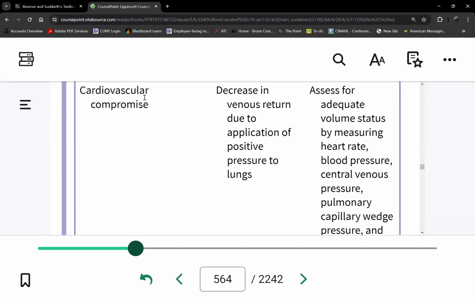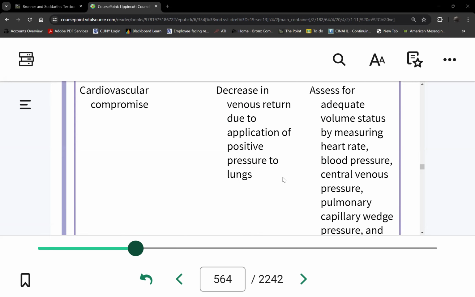So if the patient's intrathoracic pressure, will it rise or fall when we switch from negative pressure to positive pressure ventilation after intubation? It will rise. So what will happen to the workload of the heart? Can it keep up with that sudden change? Not all patients can, especially if the patient has a weak heart, then there will be hypotension.